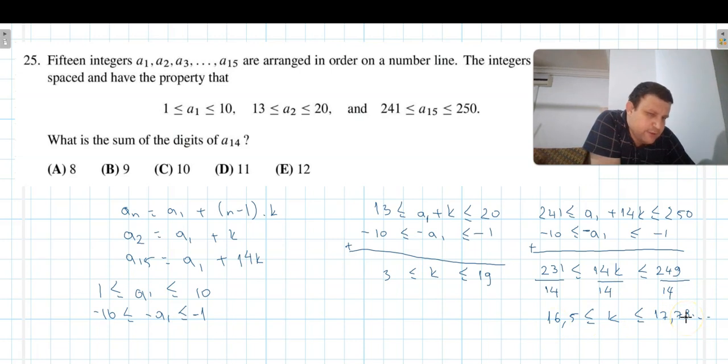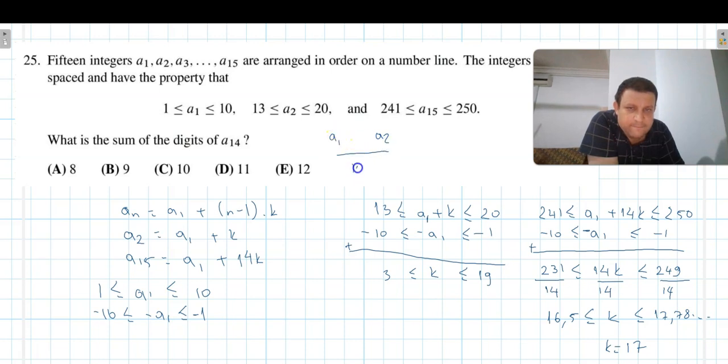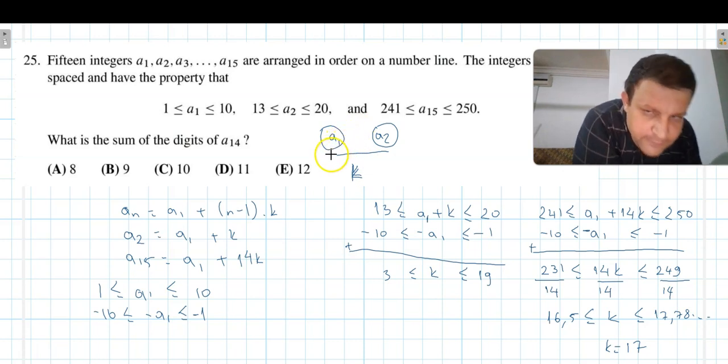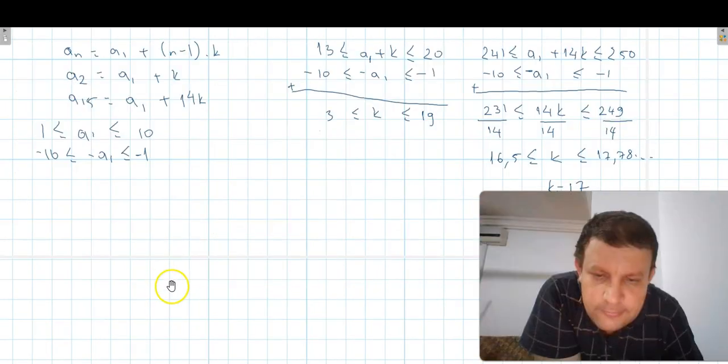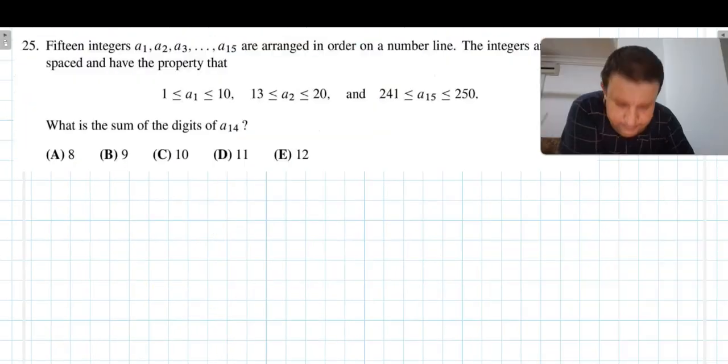So K is equal to 17, because the distance between the numbers like A1, A2 is K. Since A1 is an integer and A2 is an integer, K should also be an integer.